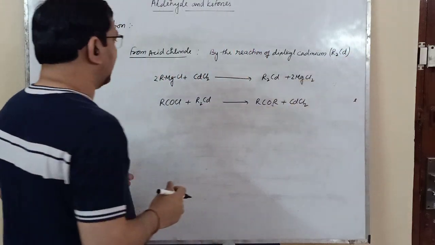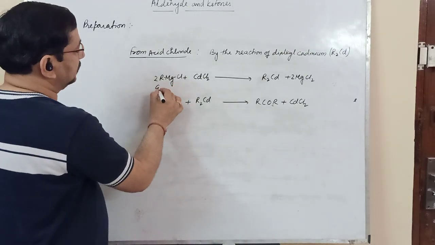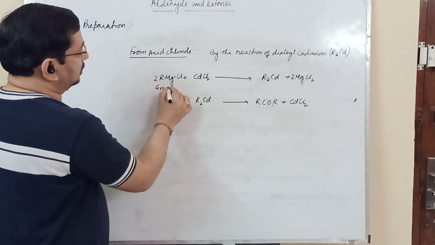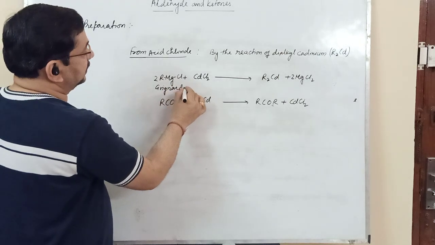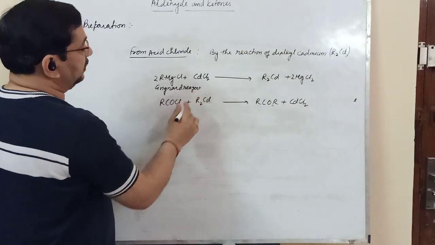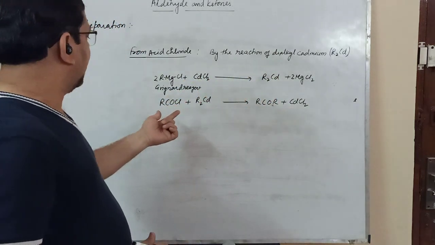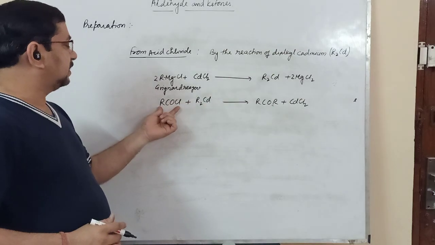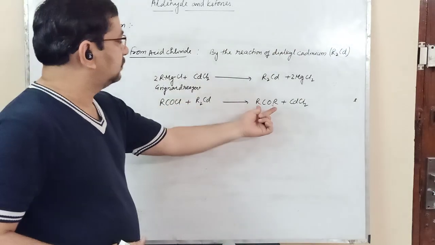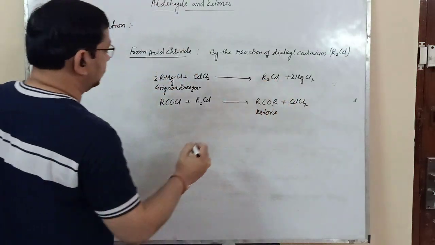First of all we can prepare dialkyl cadmium by using the Grignard reagent, a very important reagent. When treated with cadmium chloride, we obtain dialkyl cadmium, and this dialkyl cadmium on reaction with acid chloride gives ketone.